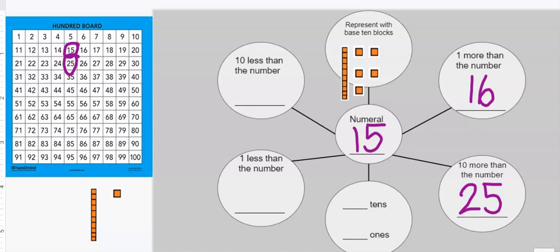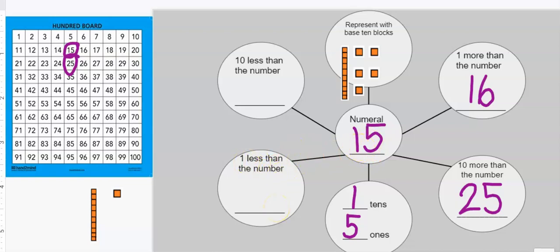Okay, so in the number 15, how many 10s did we have? How many groups of 10 did we have here? Yes, we have one group of 10. And then how many ones did we have? We had 5 leftover ones. Correct. All right, now this next box wants to know one less than the number 15.